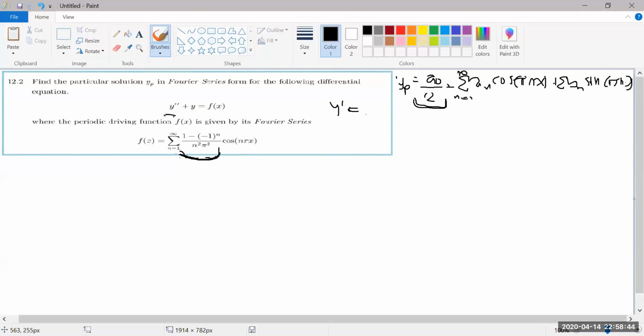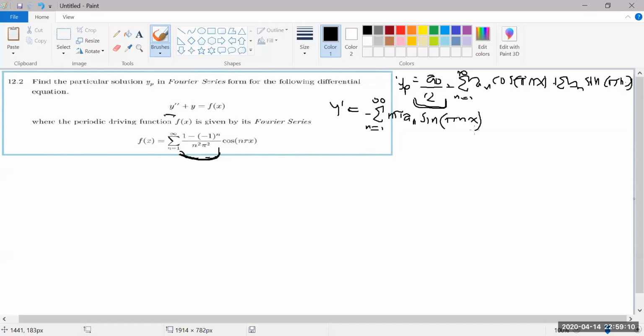Okay, so your y prime is going to equal your negative sigma n equals 1 to infinity of n pi a sub n times your sine pi n x.